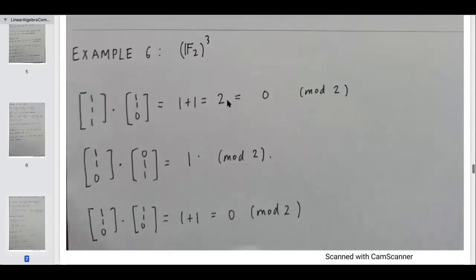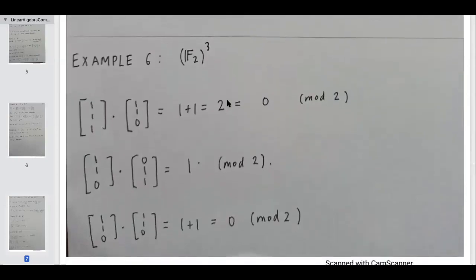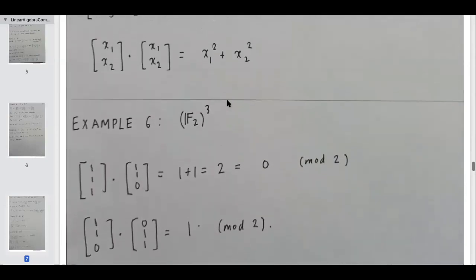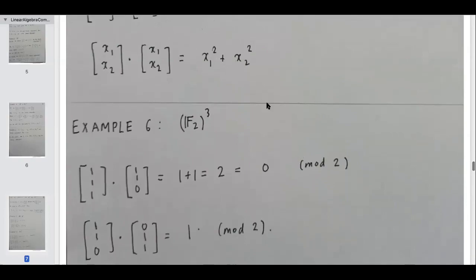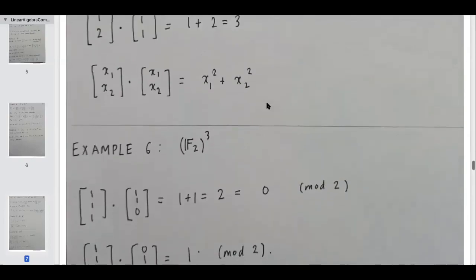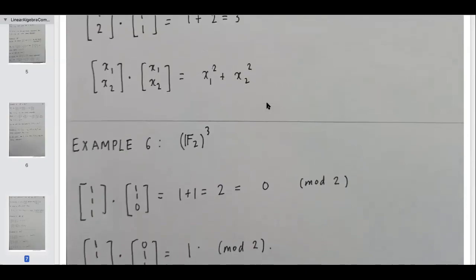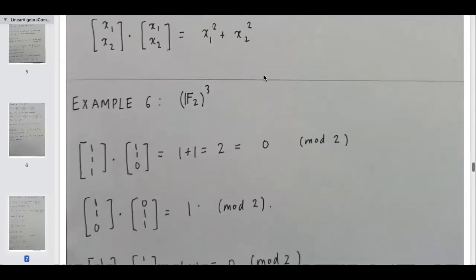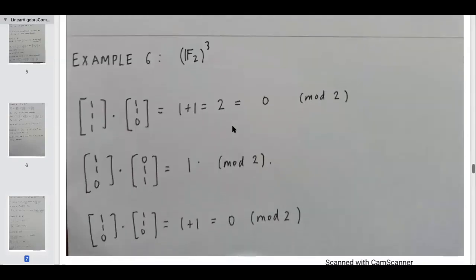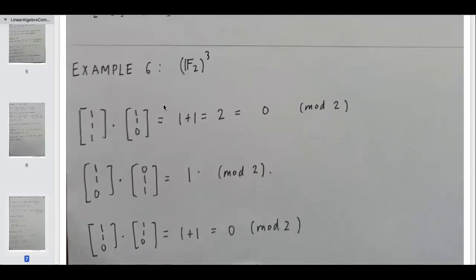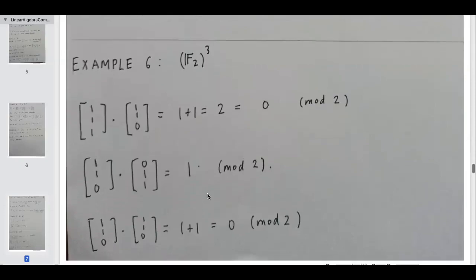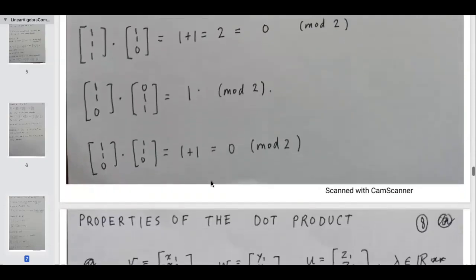But this is not true in F2 to the 2 or F2 to the 3. In Rn, it is true because the dot product with itself is a sum of squares, so it is equal to 0 if and only if each entry is 0. But in F2 to the n, this is not true. So this is just a small difference between how the dot product behaves in the two vector spaces we've talked about. Okay. So now let us start with the first application.